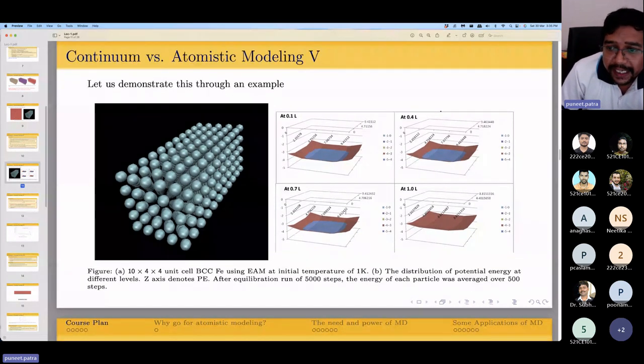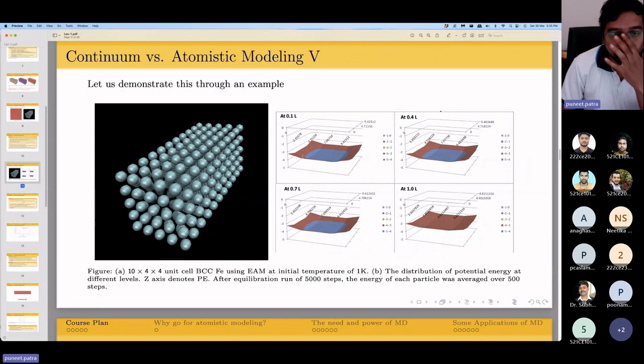As you can see, as we keep on going more and more towards the boundaries, we have a higher potential energy than what is present within the bulk of the system. And this is a very small system.